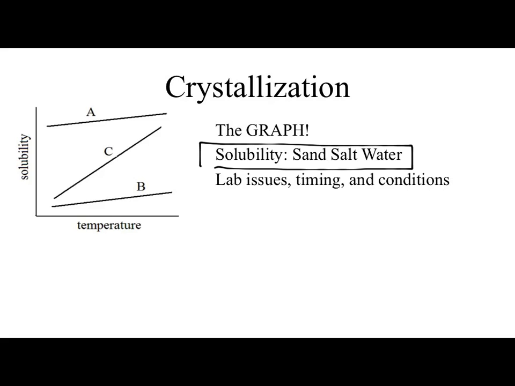Okay. Last thing that you could see would be lab issues or timing or conditions when dealing with the recrystallization. Okay? So this is going back over the procedures and making sure you understand why you were doing certain things. Okay? So when you first start the recrystallization process, what did you do? What was the very first step in your recrystallization? Nobody?